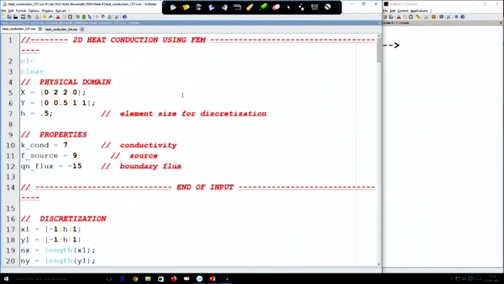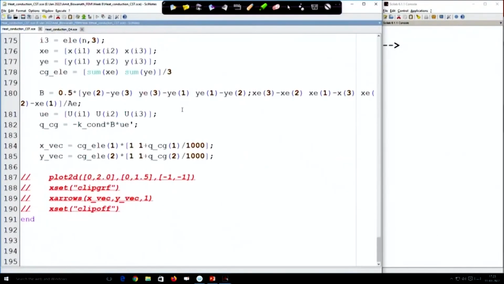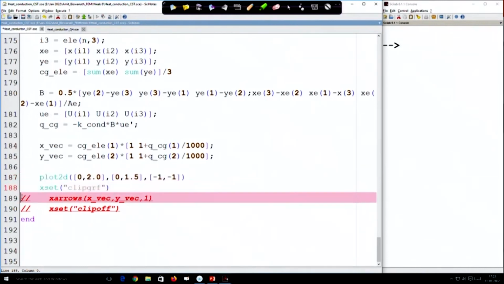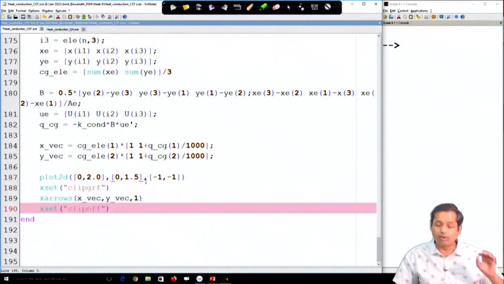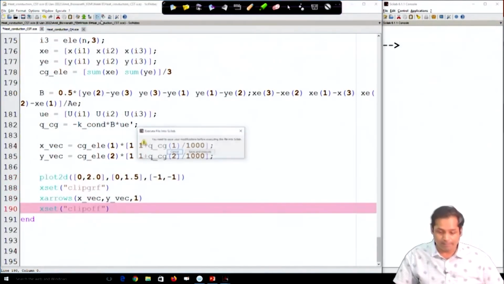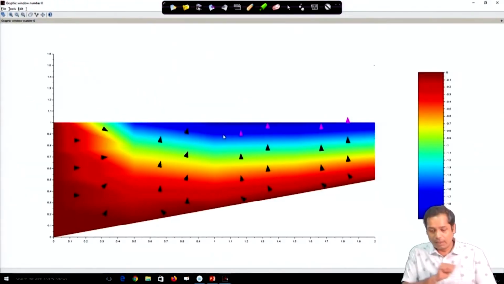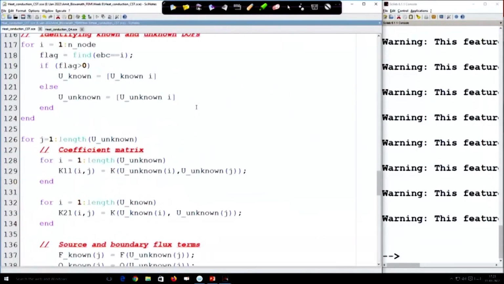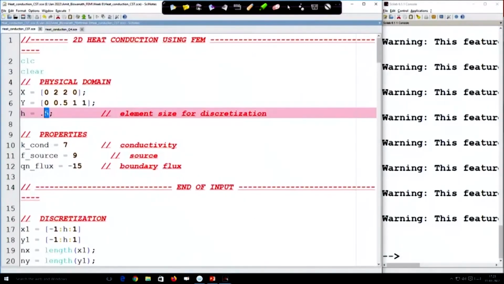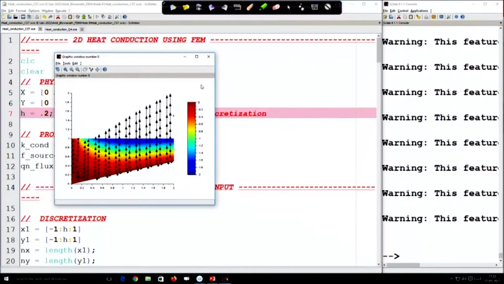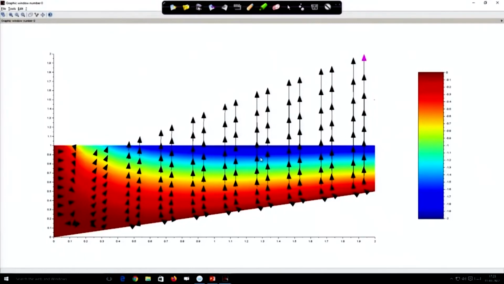Now let us plot the flux term. You see, this is the flux term plotted.